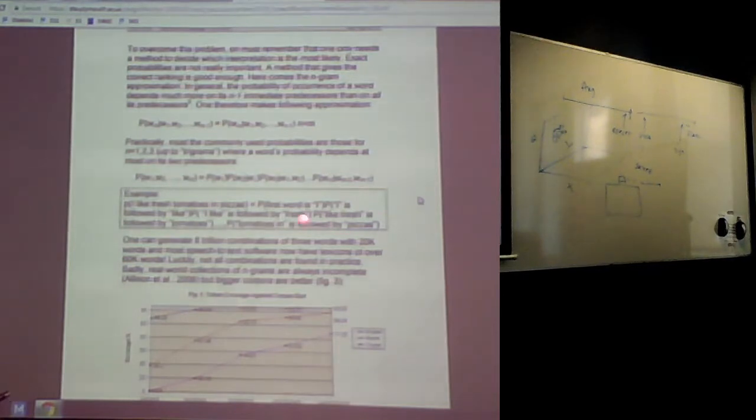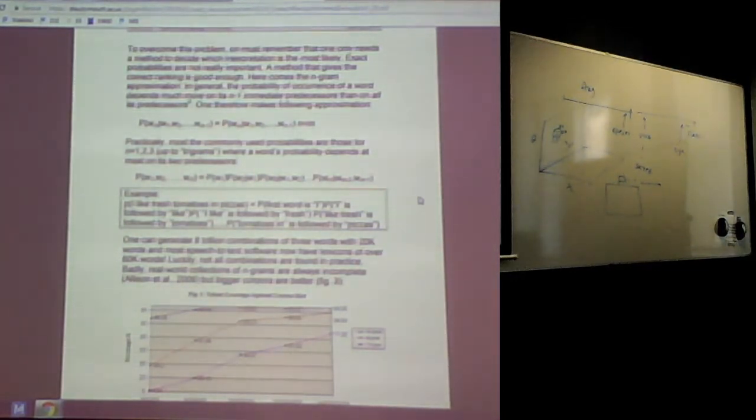So all you need to know to calculate this thing properly is these trigrams, knowing the probability of a trigram. How do you do that? Lots of work. You take all the newspapers printed since 1912 and you look at groups of 3 words. What's the chance that this group appears, and so on.